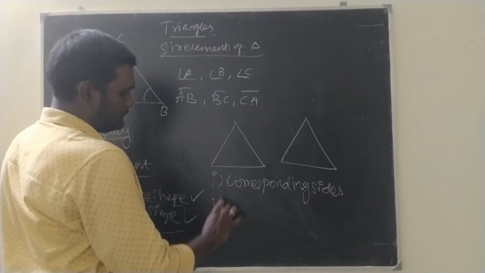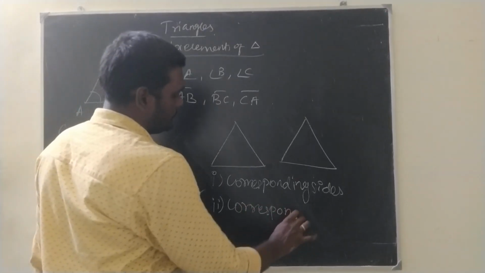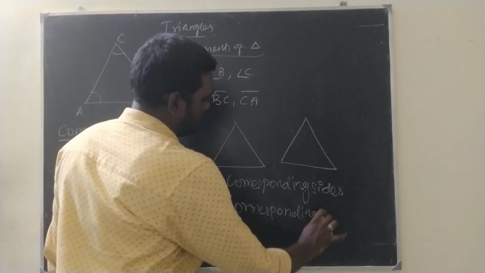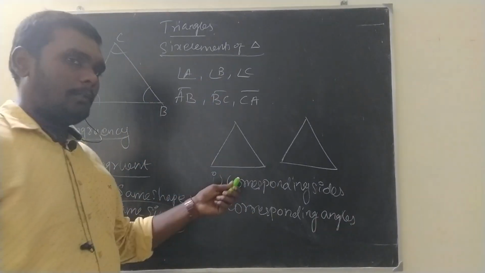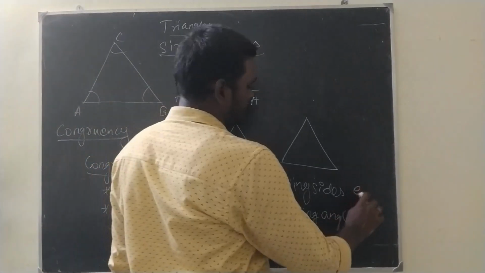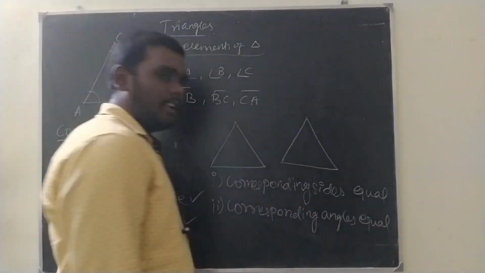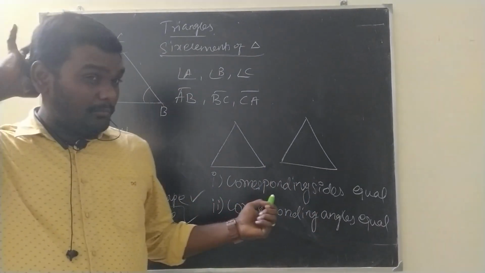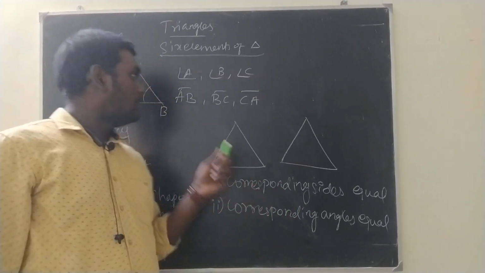Also, the corresponding angles should be equal. The corresponding sides and the corresponding angles should be equal. When I say corresponding sides, how many sides are we talking about? 3 sides.